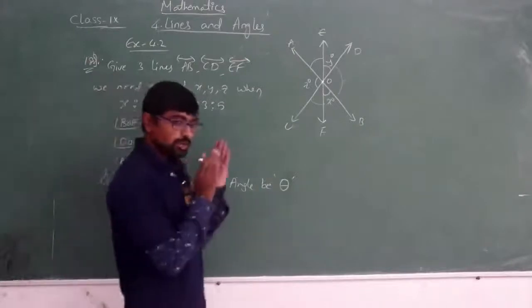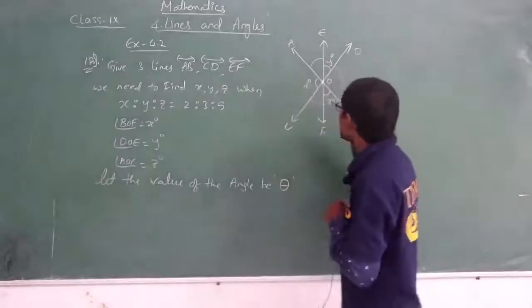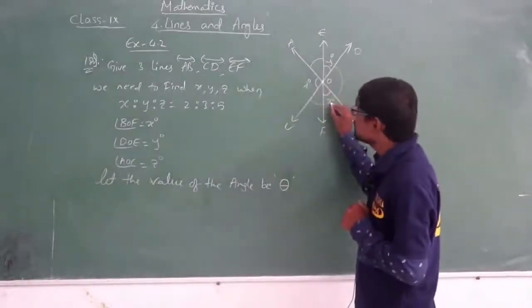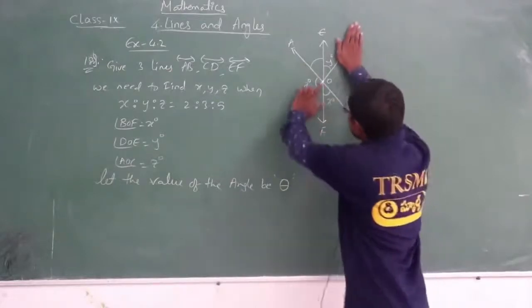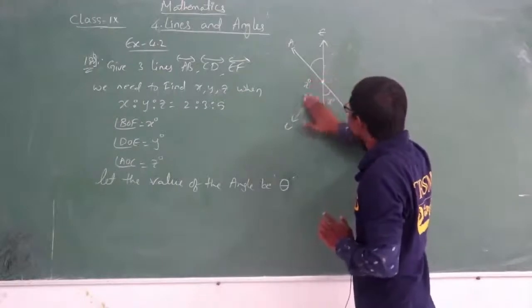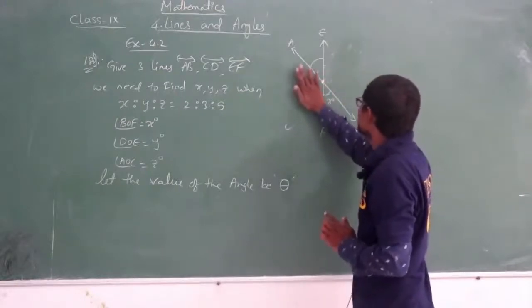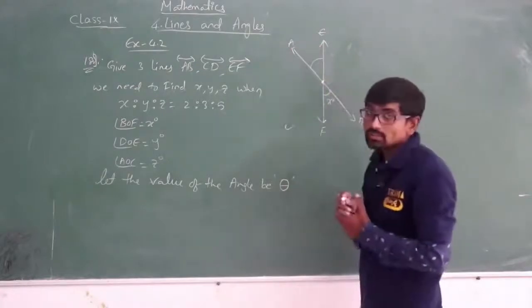Okay, so here from the given figure you can see we have already discussed, isn't it? If this is x, if I am not taking this line in consideration, you can see I am removing this line, isn't it? So here we have taken 2 lines.